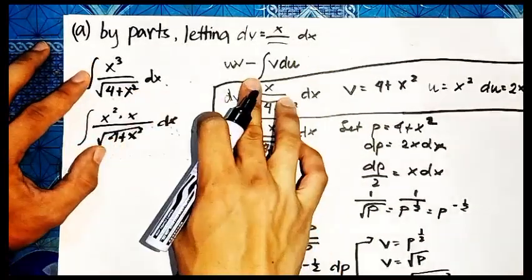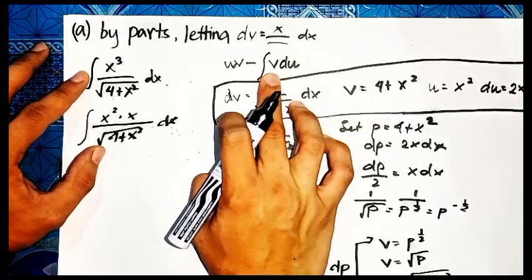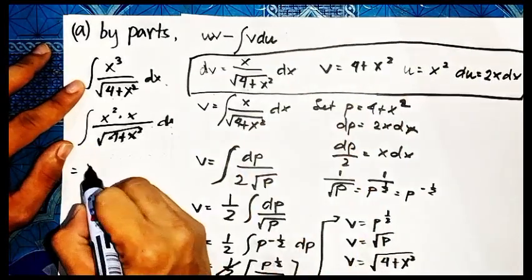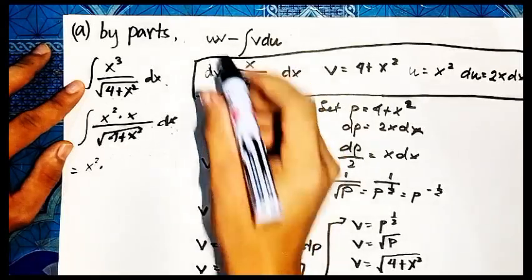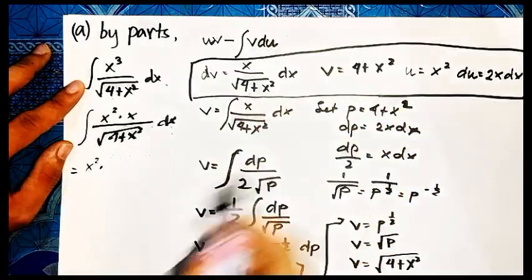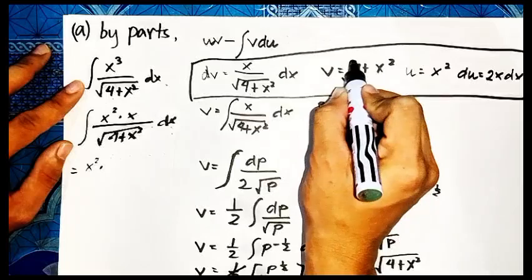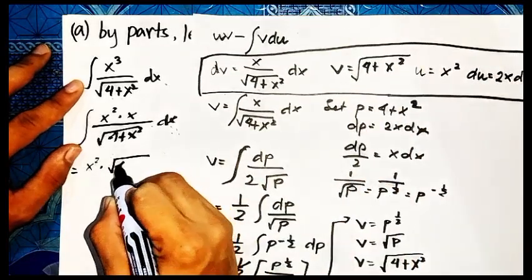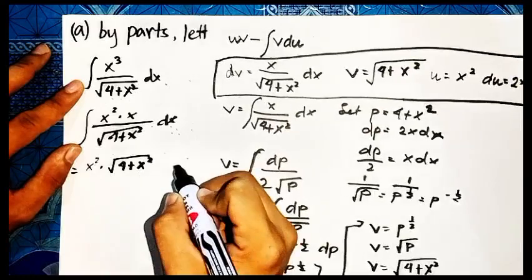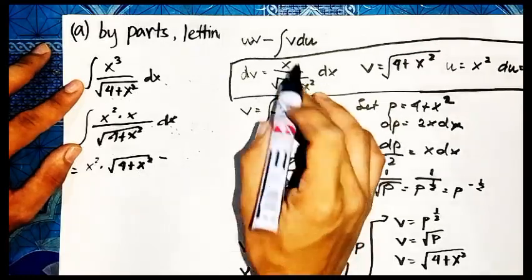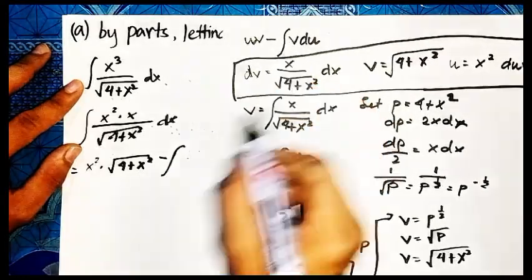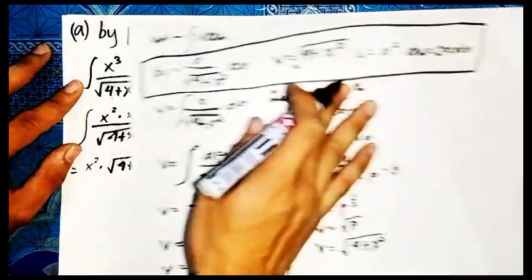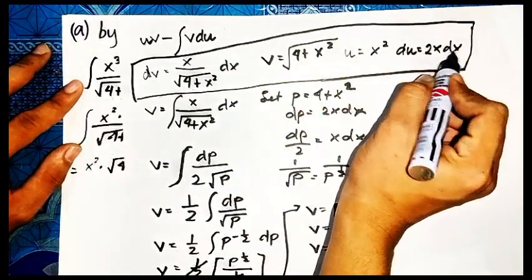Since we have uv minus the integral of v du, our u is x squared times our v, which is, no, I forgot the square root here, since this is our v. So our v is the square root of 4 plus x squared, minus, again, the integral of our v, the square root of 4 plus x squared, and our du is 2x dx.